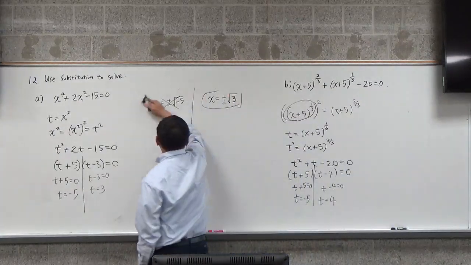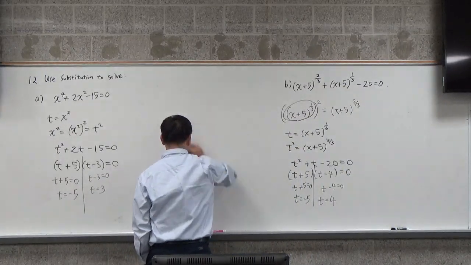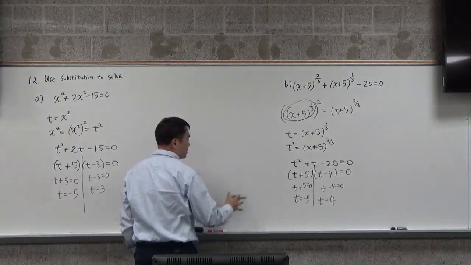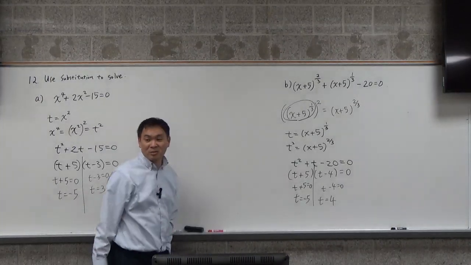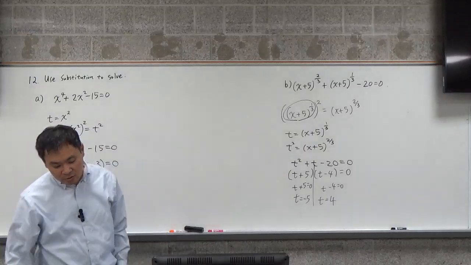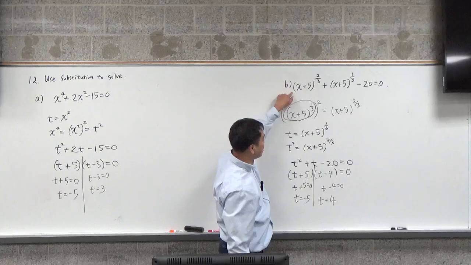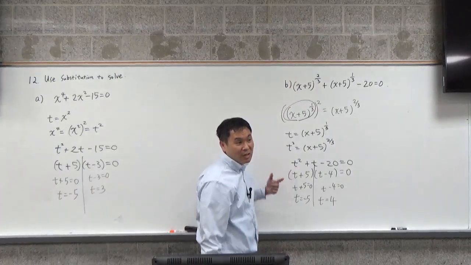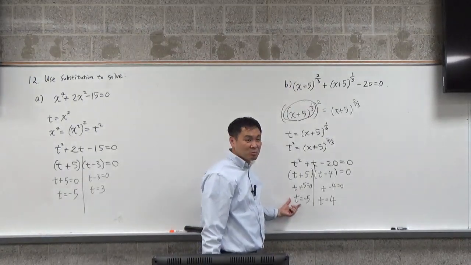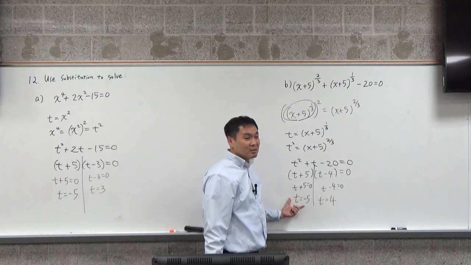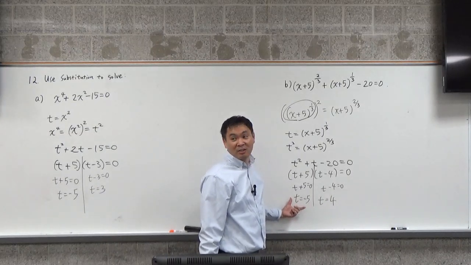Okay. So now what? Well, again, we're not done yet. You have to keep reminding yourself. See, the upside of substitution is that it makes hard-looking equations look simpler. The downside is a lot of times people forget that the answer for t is not the answer.